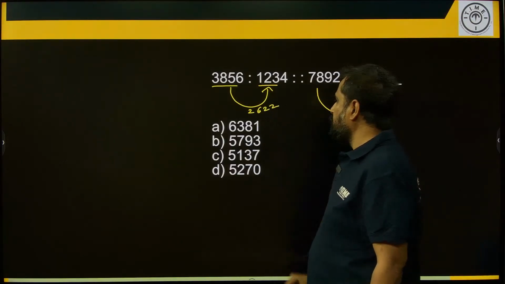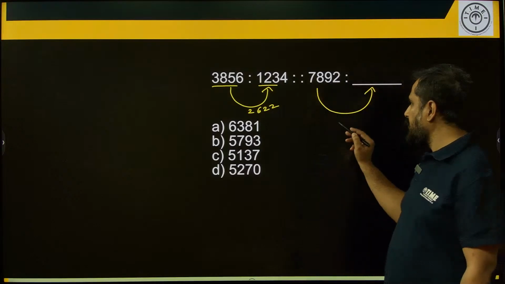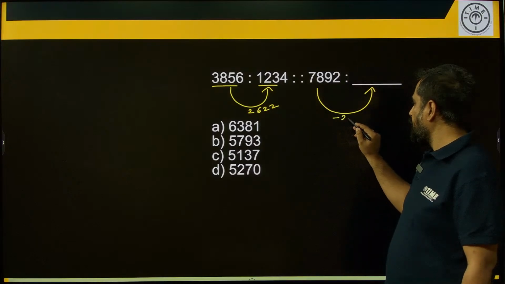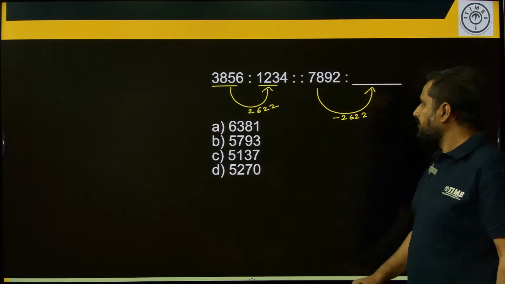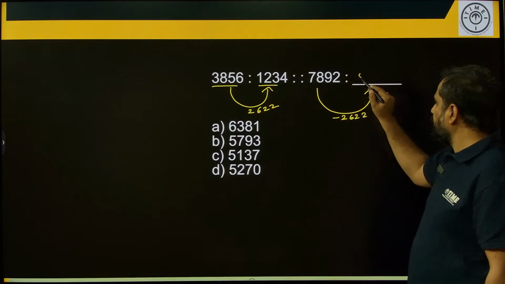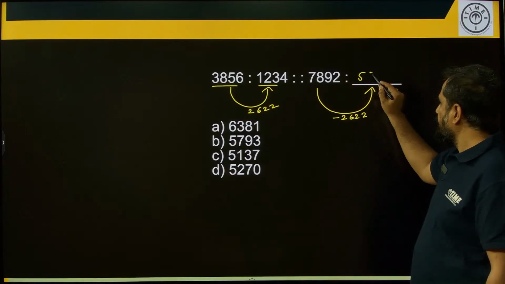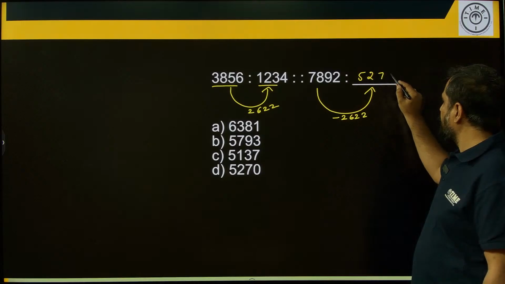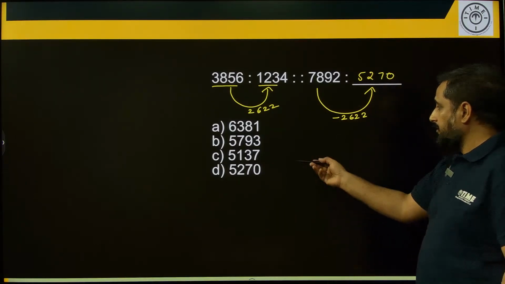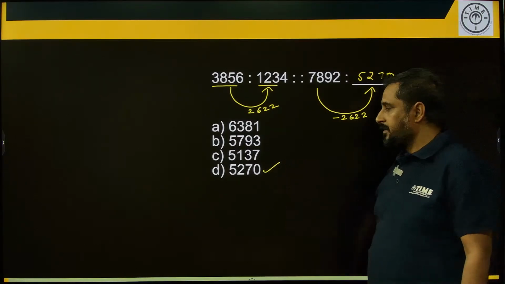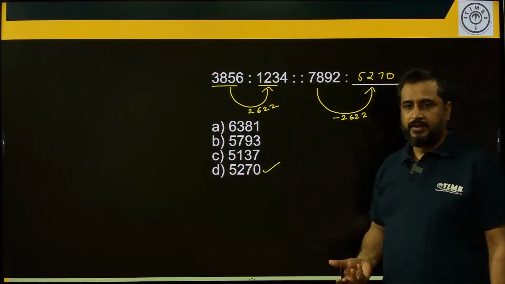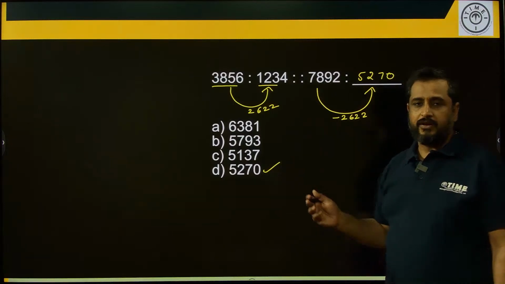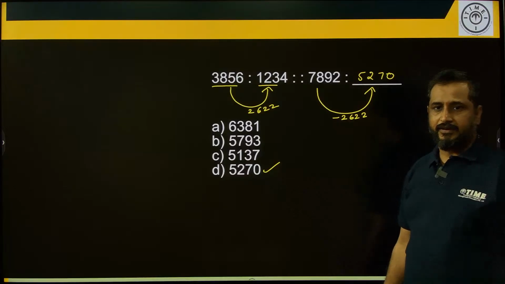Yes, 2622 is the difference. Apply the similar kind of logic here as well. Minus 2622. 7 minus 2 is 5, 8 minus 6 is 2, 9 minus 2 is 7, and 2 minus 2 is 0. 5270. Yes, it matches with choice D. So I just tried the difference logic, it worked out, and it is available in the options. So the correct answer is 5270.